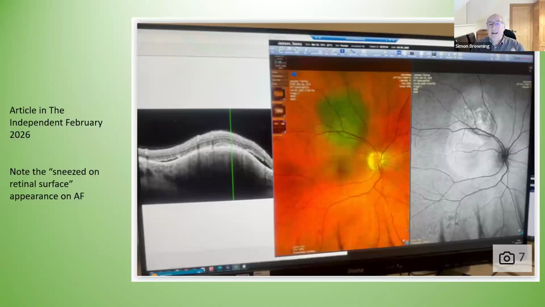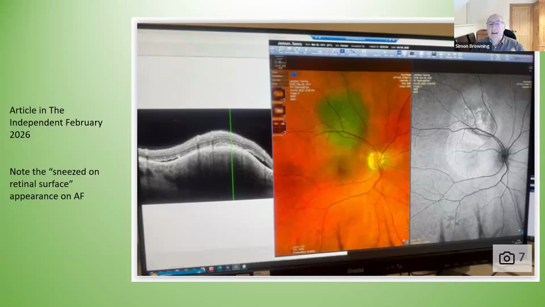Now, I thought I'd just show you this because I was thumbing through the newspaper the other day. There's an edition of The Independent in February, and it was the classic "The Optometrist Saved My Life" type headline. What I loved about this was the screenshot in the background of the photograph, which was taken in the newspaper article with the optometrist and the patient.